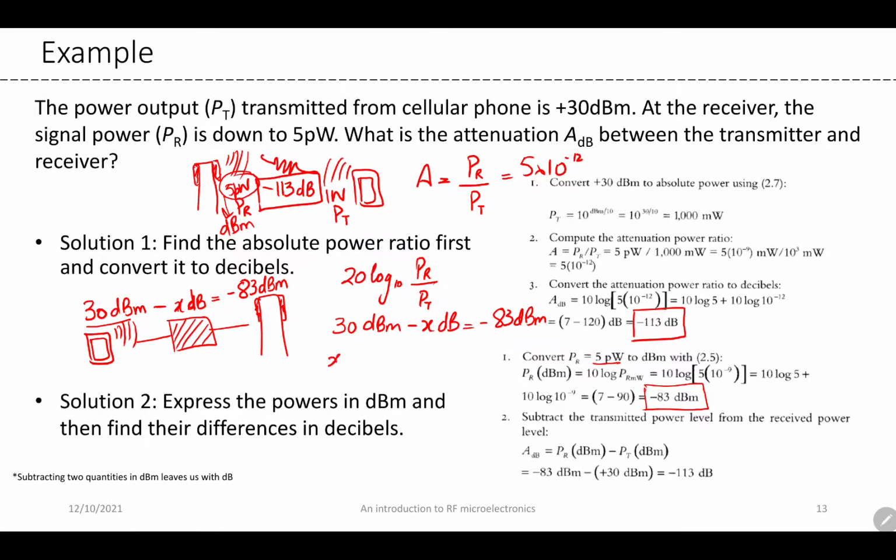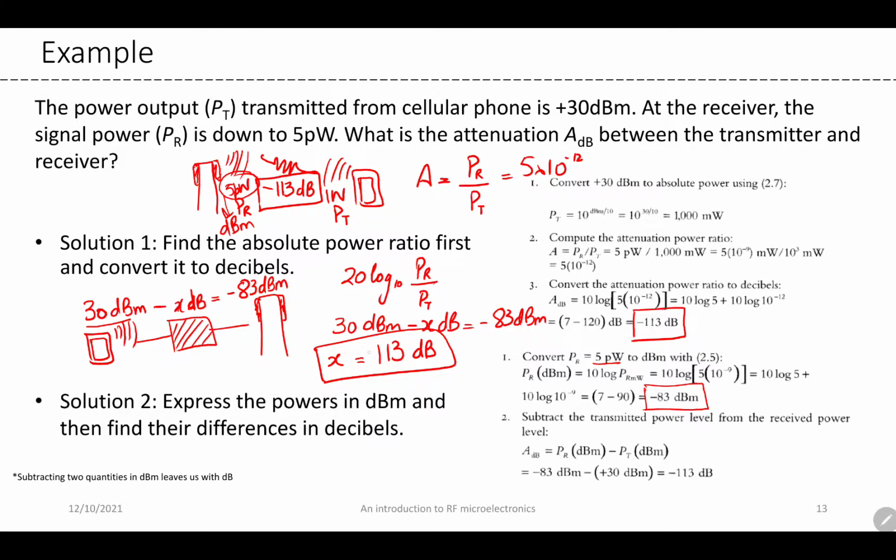So the attenuation would be, remember, 83 plus 30, that is 113 dB. So this is the attenuation, right?